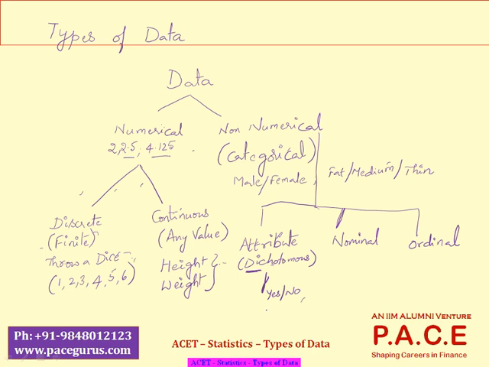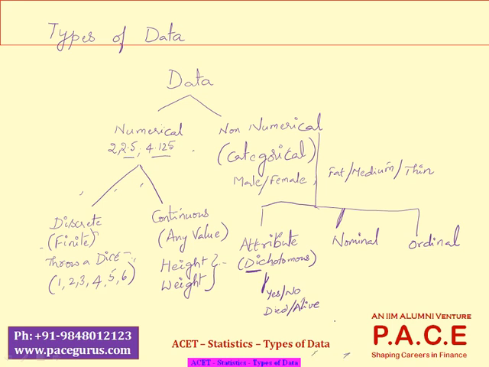Or died versus alive. Only two possible states can exist. In those cases, we call such kind of data a dichotomous or an attribute based data.